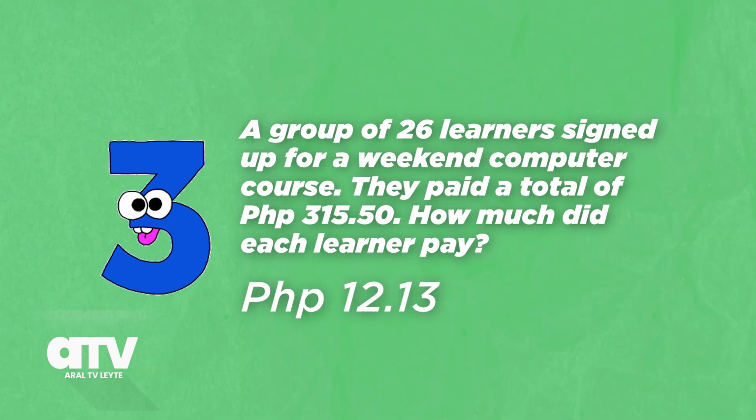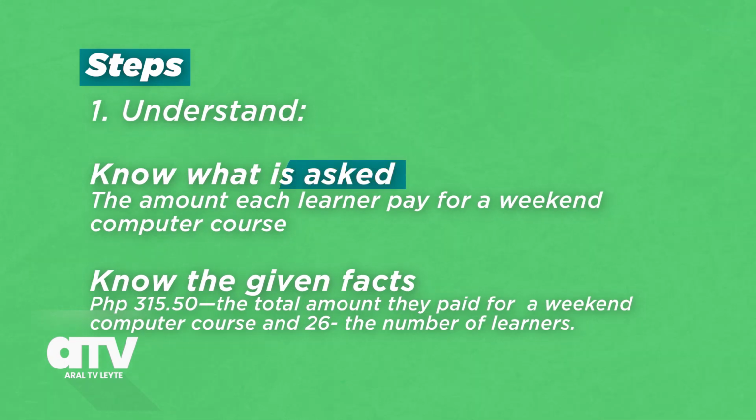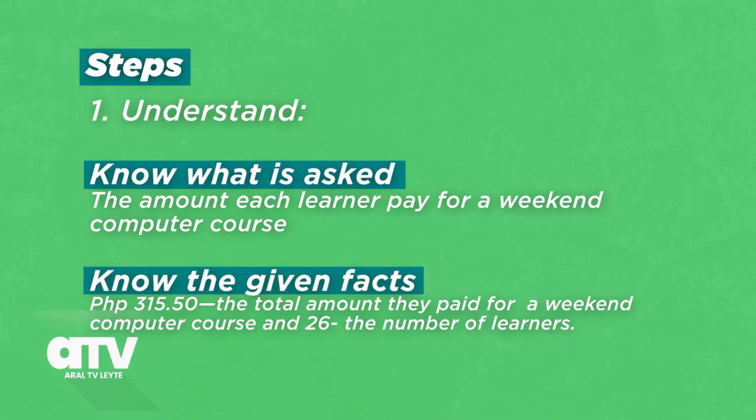Again, this is how we solved to arrive at the answer. Number 1, understand. Know what is asked: the amount each learner paid for a weekend computer course. Know the given facts. We have 315 pesos and 50 centavos, the total amount they paid for a weekend computer course, and 26 learners.